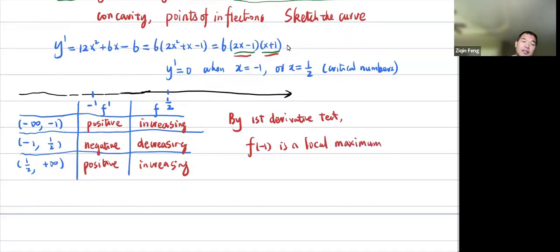Similarly, on the left side of 1/2 the function is decreasing, going downward, function value getting smaller, and on the right side of 1/2 it is getting bigger, right? So in this case, f of 1/2 is a local minimum.